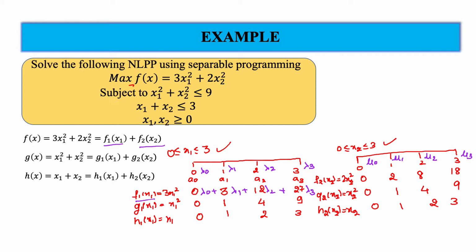Okay, how to find the approximation of f2 x2? That is 0 into mu naught plus 2 mu 1 plus 8 mu 2 plus 18 mu 3.